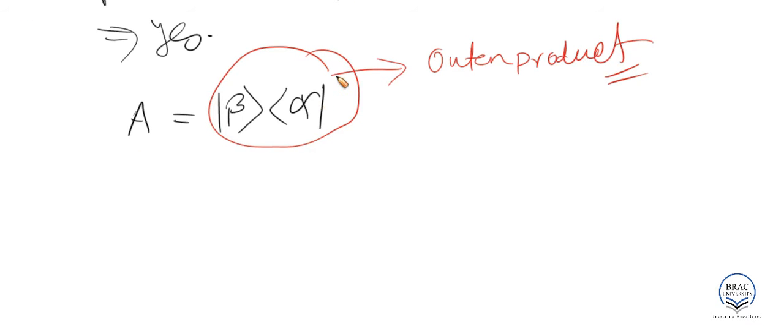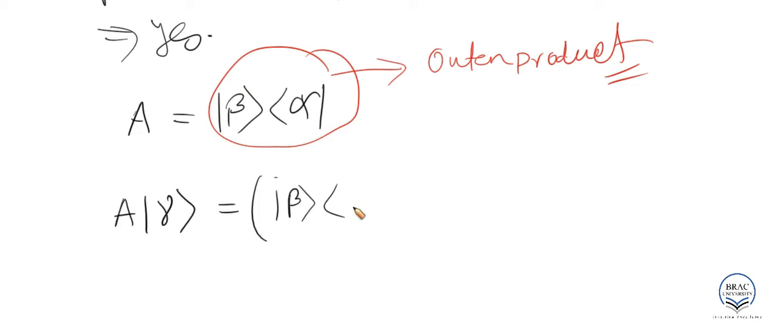Let's say you have this operator A acting on a ket. So let's try to do that. This A acts on some ket gamma, and we have written this A in terms of this ket beta and this bra alpha, so let's put a bracket first, and then you write this gamma, right?